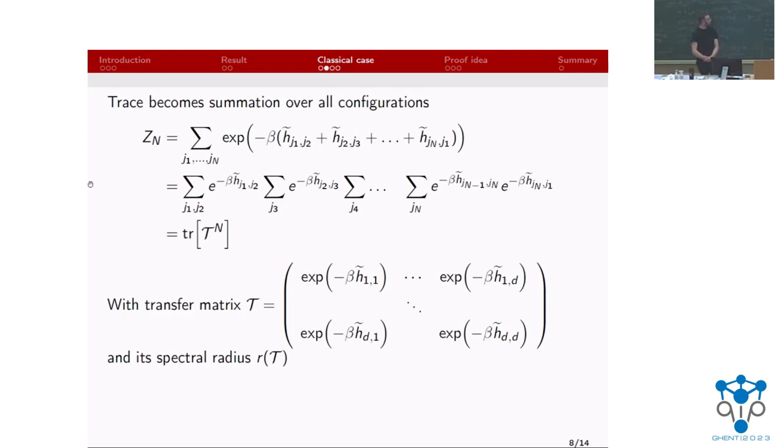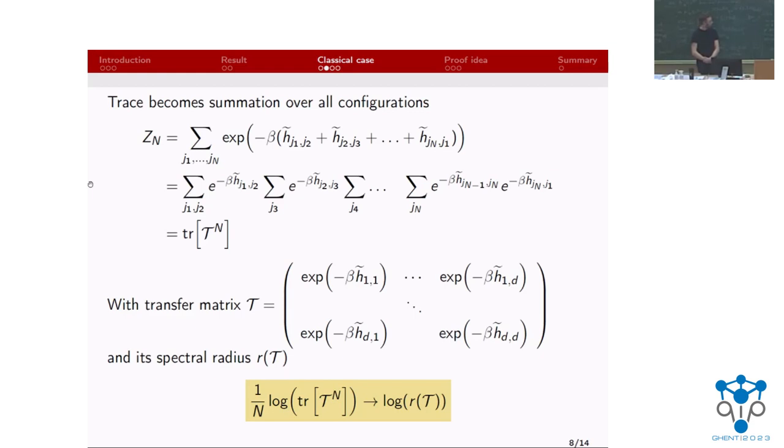Or many matrix multiplications, so you write it down as an exponential of a matrix. Then we are interested in the logarithm of this quantity normalized. And the only thing that will actually contribute if you take the limit n to infinity is the spectral radius of this matrix. So you get this neat closed formula for the free energy.